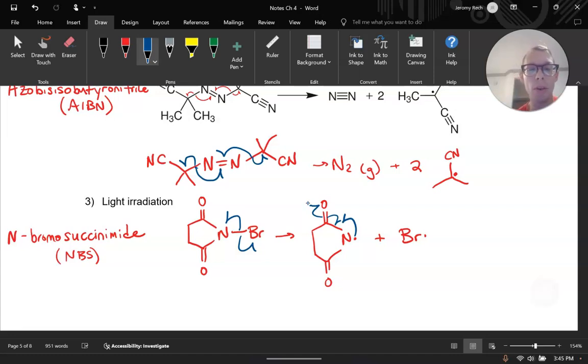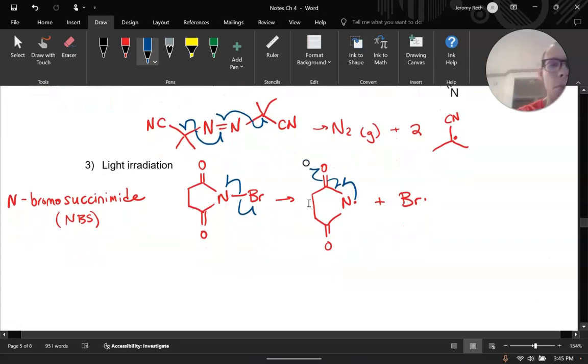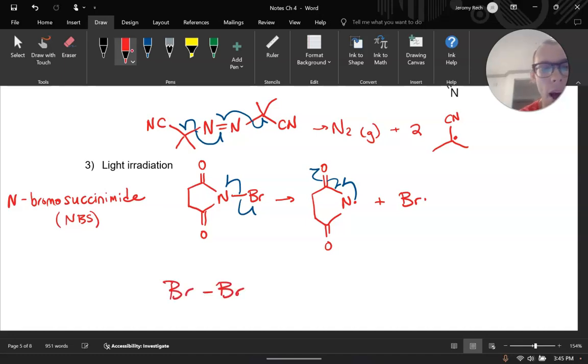Outside of NBS, you can also just take liquid bromine. So if you just take bromine and expose it to light, it will also undergo homolytic bond cleavage and generate two reactive bromines.